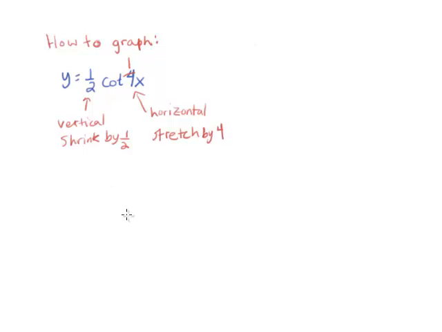Okay, so what this does is, for one thing, our period is pi over 1/4, so we flip that up and multiply, which means the period of this cotangent graph is going to be 4 pi. We draw our x and y-axis, and normally our asymptotes are at 0 and at pi, but what we want to do is multiply both those numbers by 4.